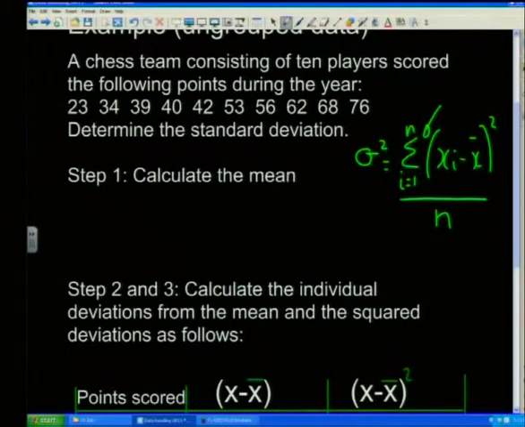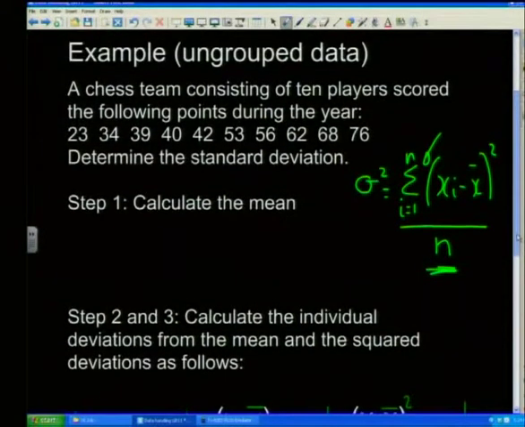It's the sum of all the squared deviations from the mean, which is just the x value minus x bar, which is your mean. We square all of that, add everything up, and then divide by the total number of points. This formula looks scary, but you don't need to remember it because it will be given to you on your formula sheet.